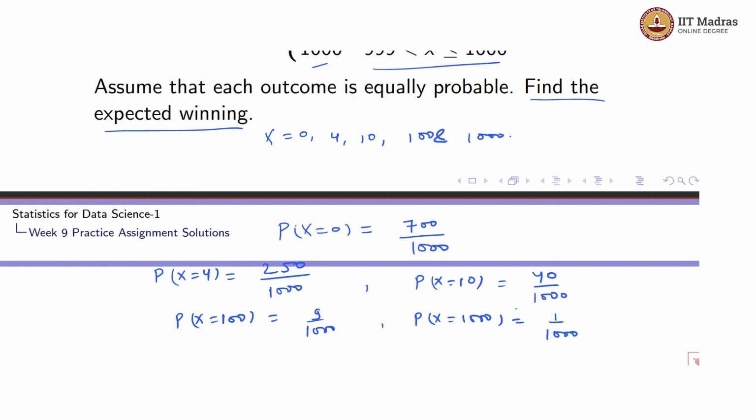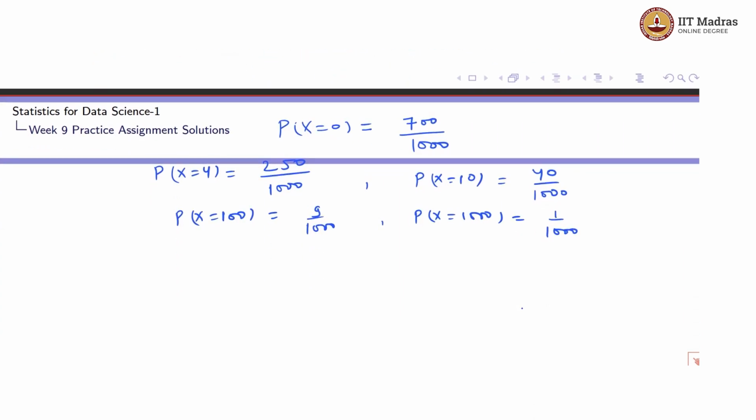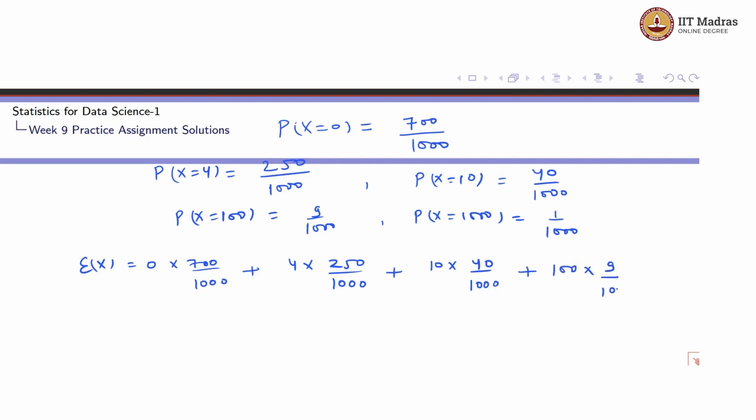Now apply the formula of expectation. It is taking value 0 with probability 700 upon 1000, value 4 with probability 250 upon 1000, value 10 with probability 40 upon 1000, plus 100 with probability 9 by 1000, plus value 1000 with probability 1 by 1000.